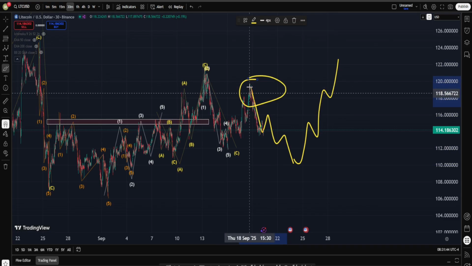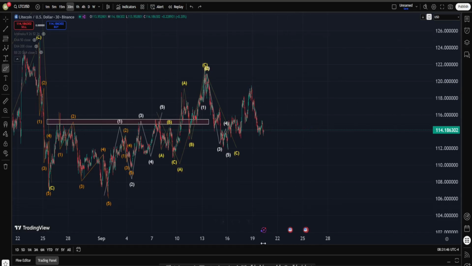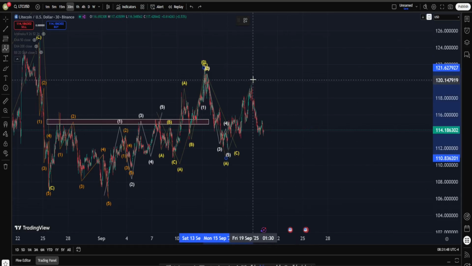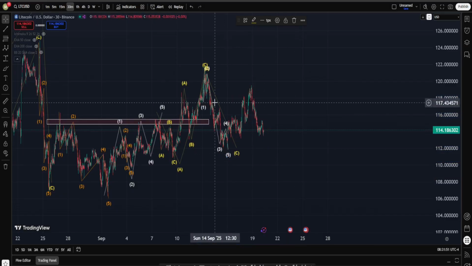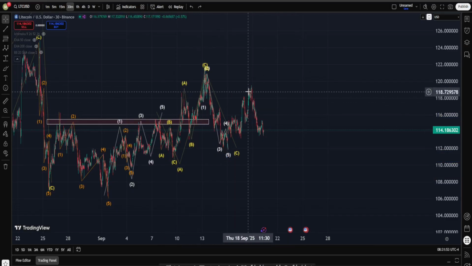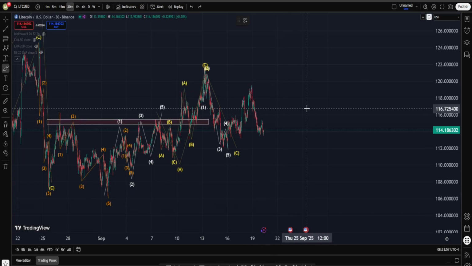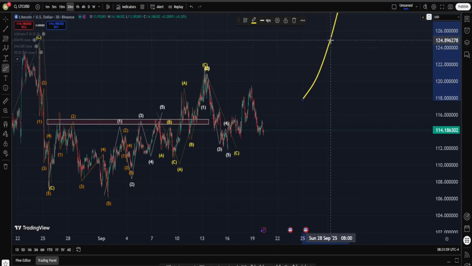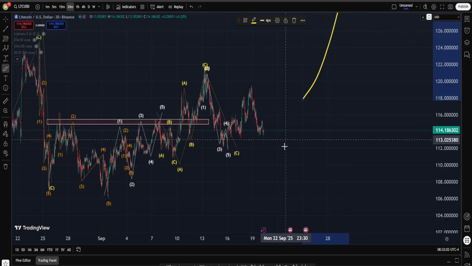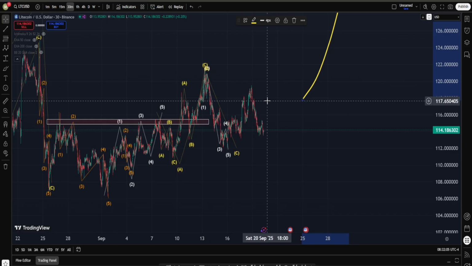Why is that important? Because at that point, you have to consider in this area a B, C zigzag, or maybe from this point a W, X, Y in the form of a double zigzag, generally some sort of correction, meaning that from here our move up in LTC is going to continue for quite some time. Right now it's not really my primary case, but I have to show it to you guys, so in case it happens, you're not going to be surprised.